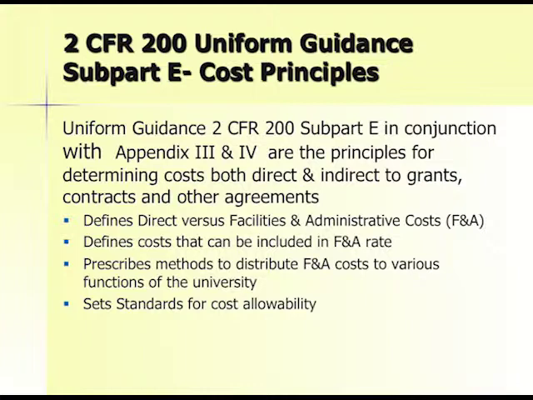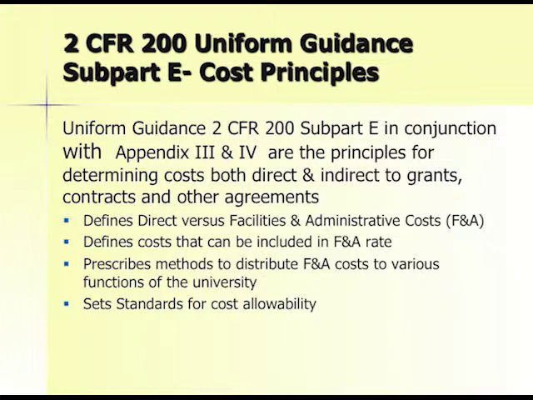So it will define what is a direct cost, and also define what is an indirect cost and what is included in the F&A rate. And it prescribes methods of how we distribute the F&A cost to the various functions throughout the university. We have cost analysis in the Controller's Office that does that particular function and negotiates our F&A rate.